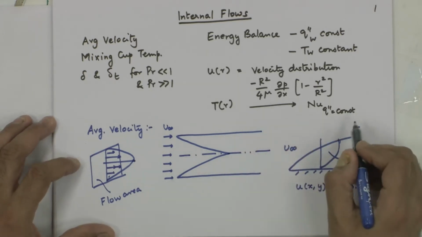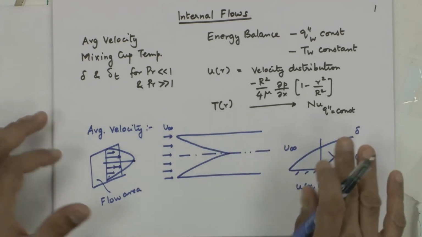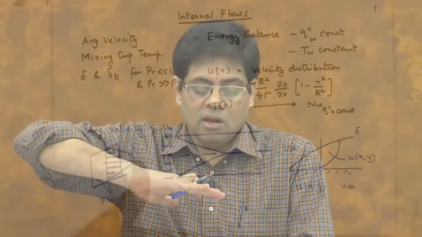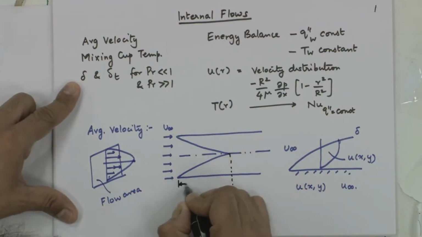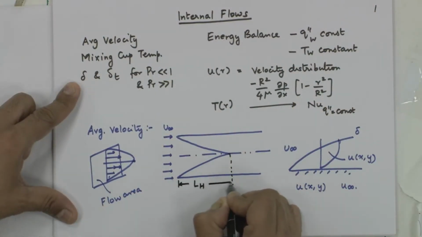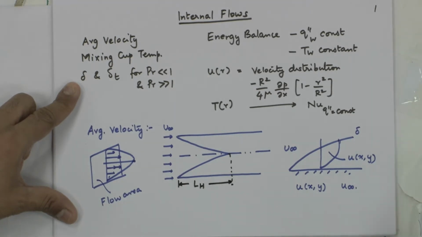It could be two sheets of paper, two walls which are going to be like this. So, the boundary layer will develop in 2 dimensions. It could be a circular pipe where the boundary layer is going to develop in 3 dimensions and flow inward from all sides and merge at some point. That point where the boundary layer merges, we call it the hydrodynamic entrance length or entry length. This is the hydrodynamic entry length.